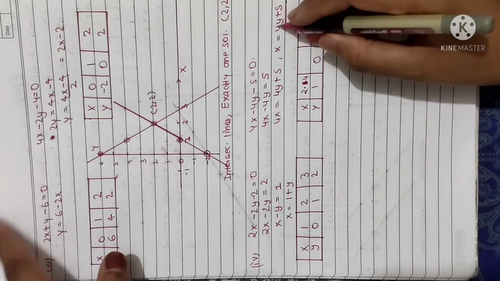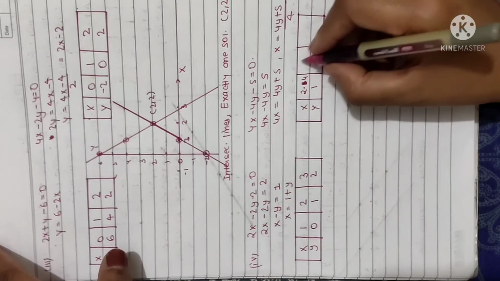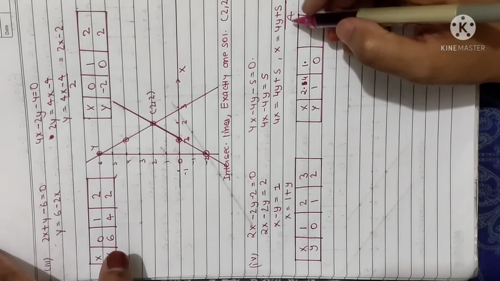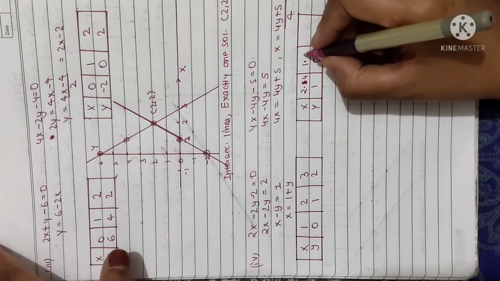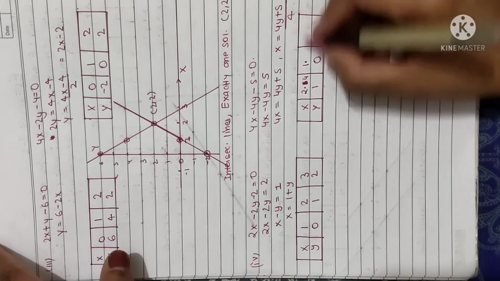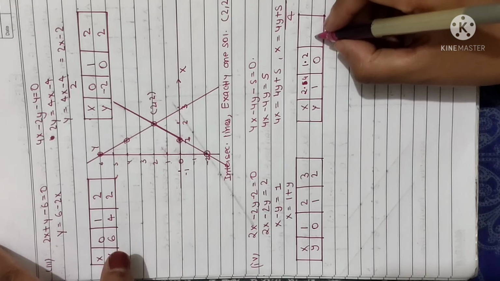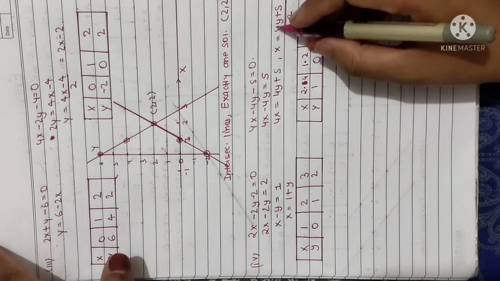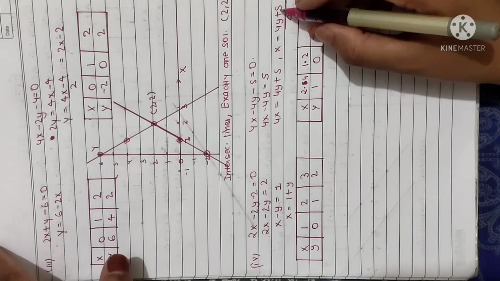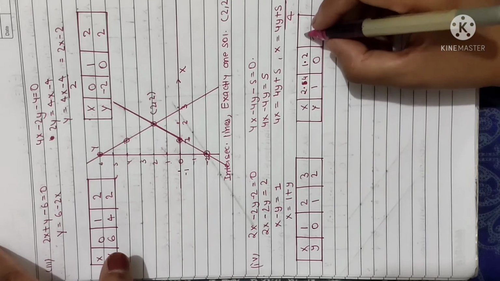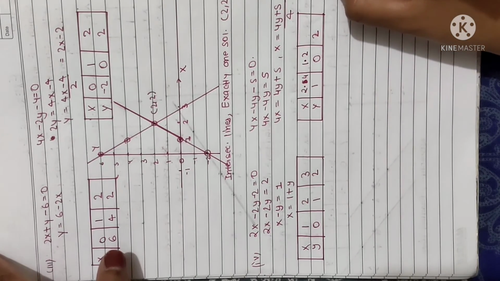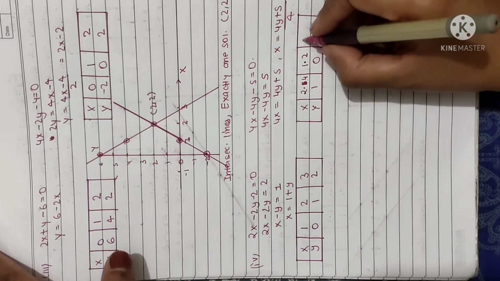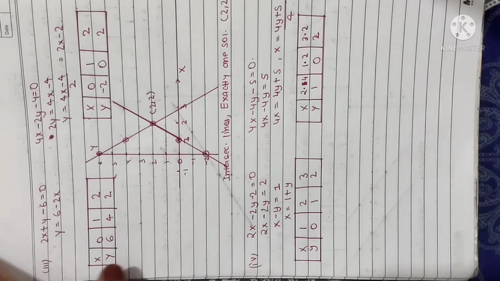Next, if I put 0 in place of y, then this whole term will be 0. Then we have 5 upon 4, which is 1.2 something. If I put 2, then 4 2s are 8, 8 + 5 is 13, so 13 upon 4, 4 3s are 12, so 3.2 something.